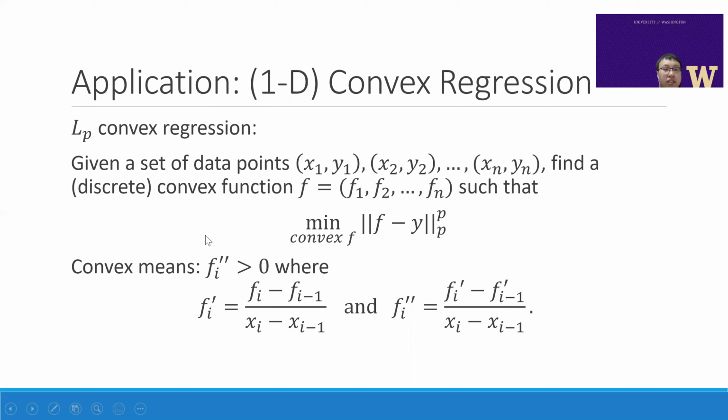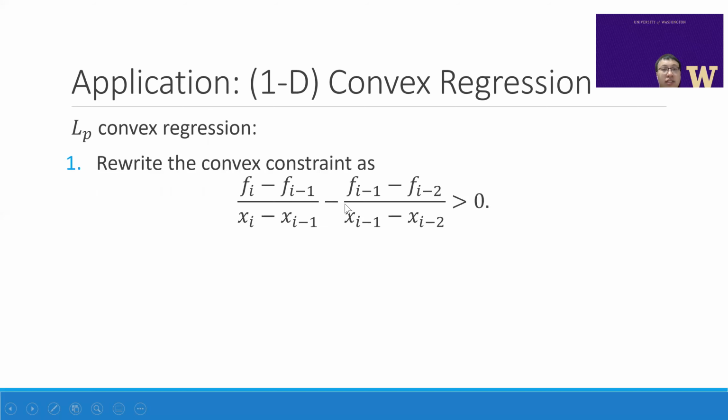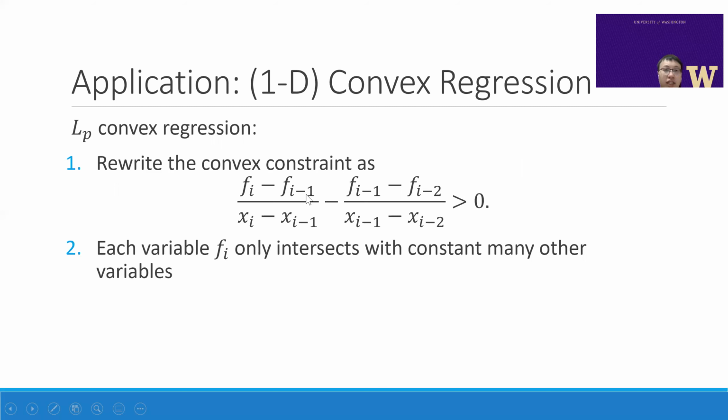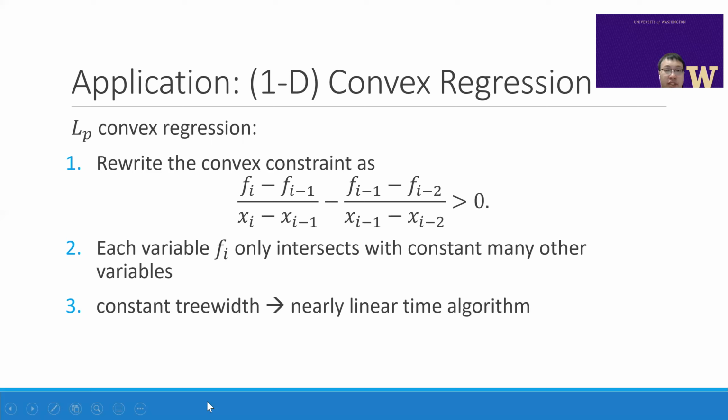Here, since f is a discrete convex function, we define the local slope and local curvature in the following way. And we know that we can rewrite this convex constraint as the following linear constraint. And since each variable fi only intersects with constant many other variables, it again implies that the constraint matrix has constant treewidth and results in a near linear time algorithm.